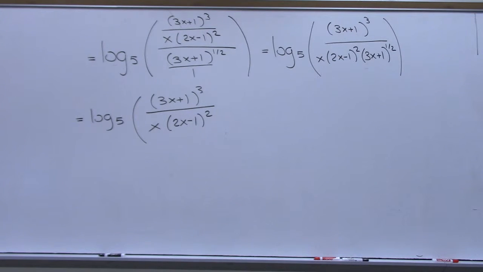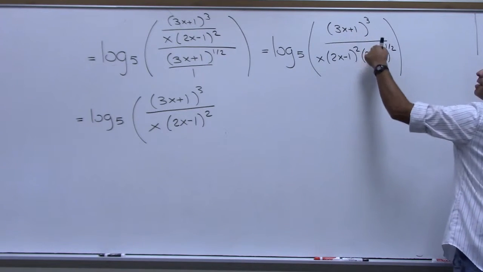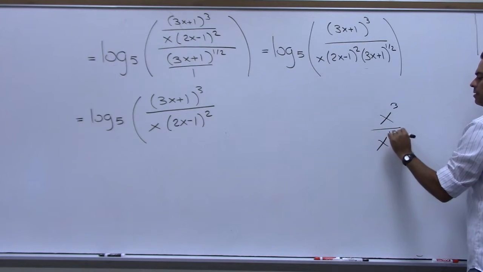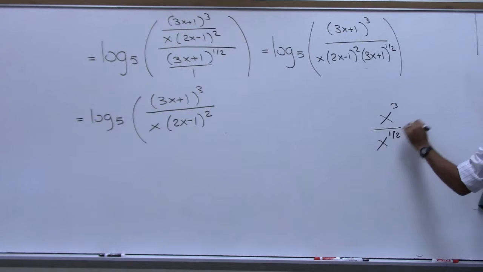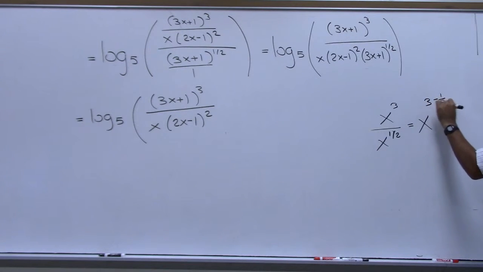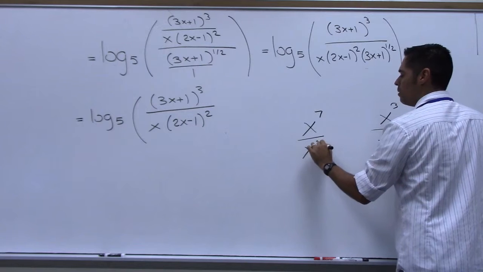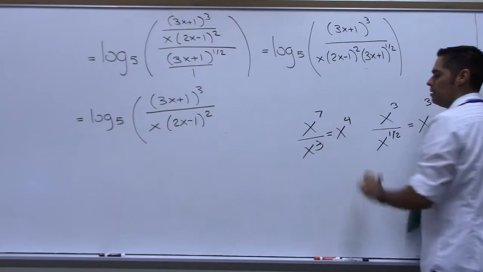Not going to square root, because look at this right here. You see this? If I asked you what x cubed over x to the half was, wouldn't you do x to the 3 minus a half? Properties of exponents. If I said what's x to the 7th over x cubed, wouldn't everyone in here say x to the 4th?